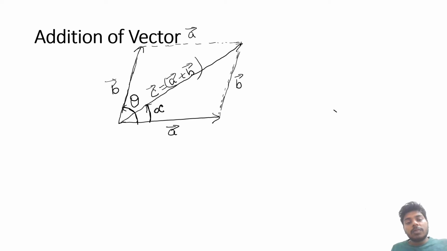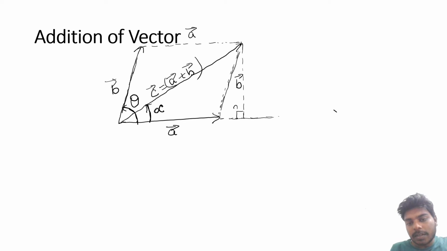In the parallelogram you can visualize things better. The angle between the two vectors is theta, and the angle between the a vector and the resultant vector is alpha. Now we can derive. Let's make it perpendicular to the base vector.